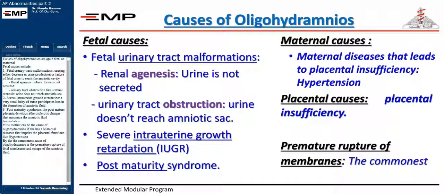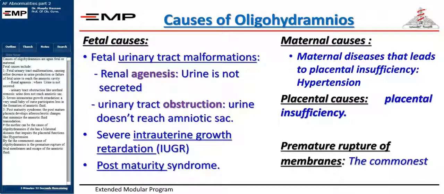Causes of oligohydramnios are again fetal or maternal. Fetal causes include: 1. Fetal urinary tract malformations, causing either decrease in urine production or failure of fetal urine to reach the amniotic cavity. Renal agenesis, where urine is not secreted.